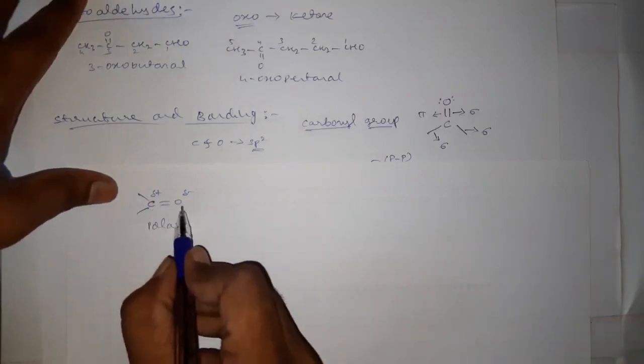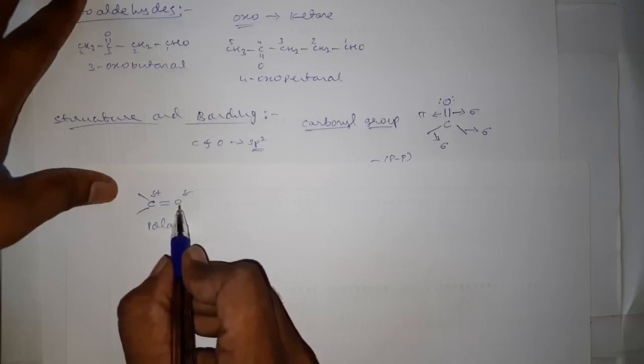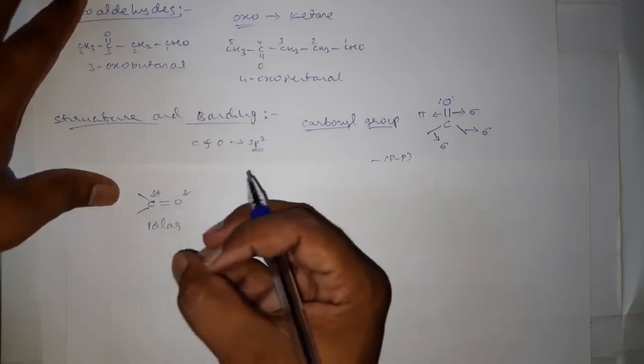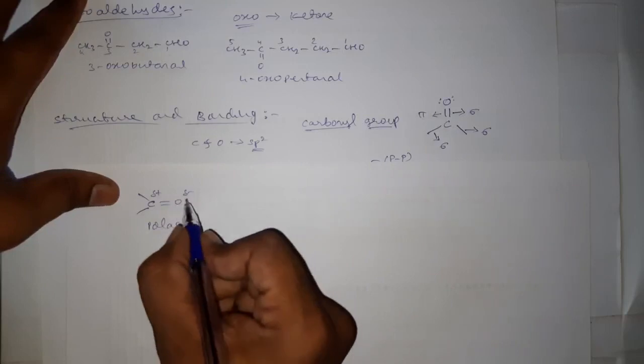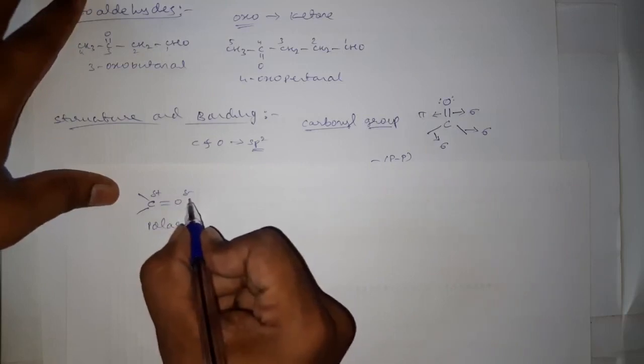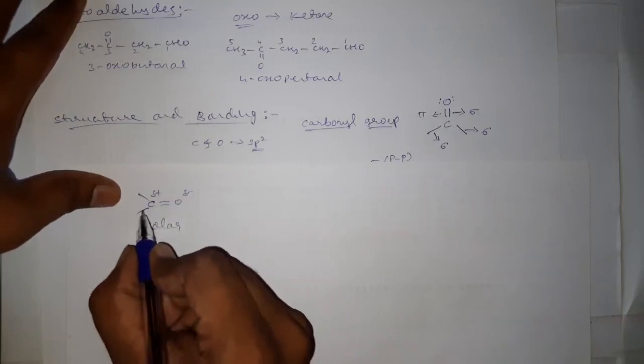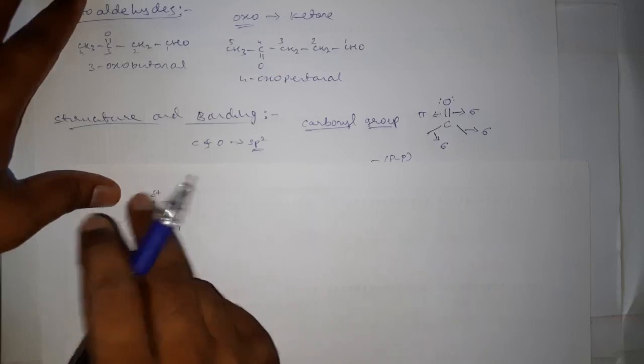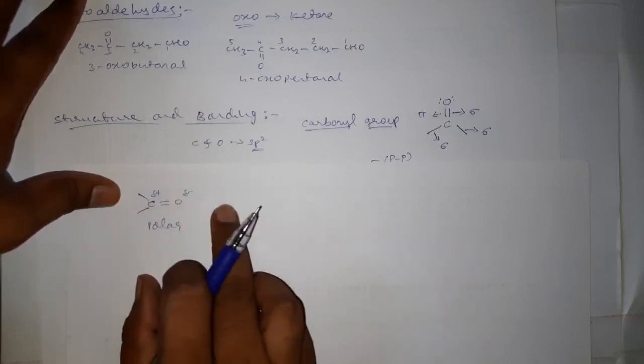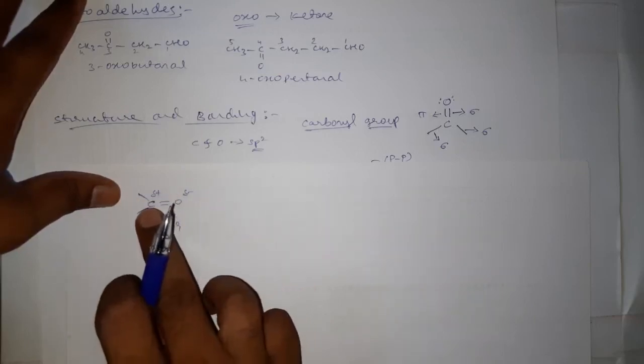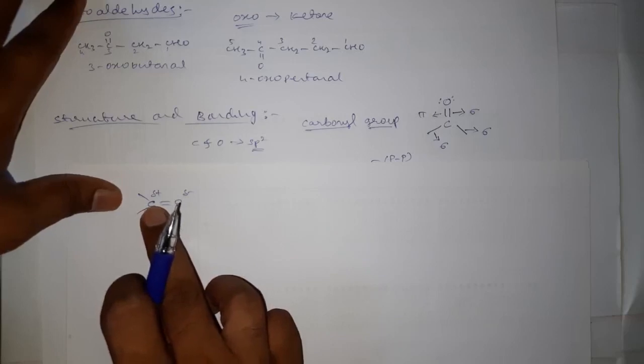As this oxygen is more electronegative in nature, it will drag the bonded pair of electrons towards itself, and hence it will get a partial negative charge, and the carbon, which is less electronegative as compared to the oxygen, will leave the bonded electrons towards the oxygen, and hence it will get a partial positive charge.